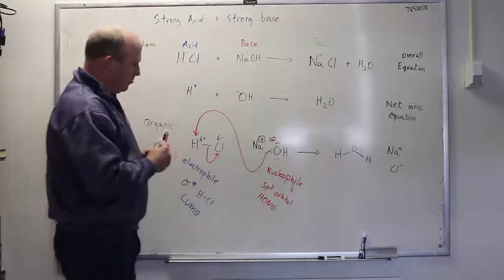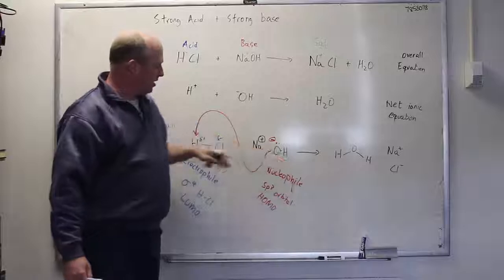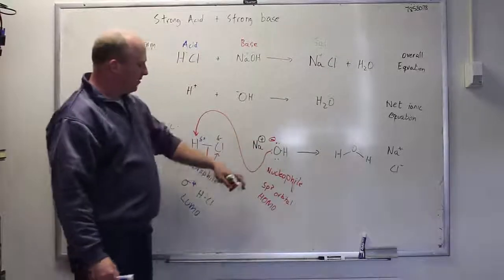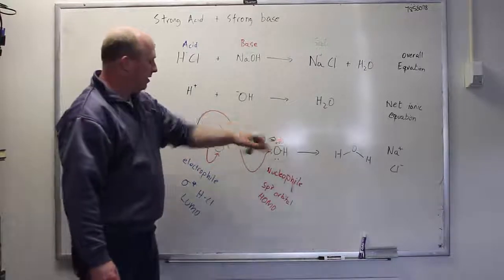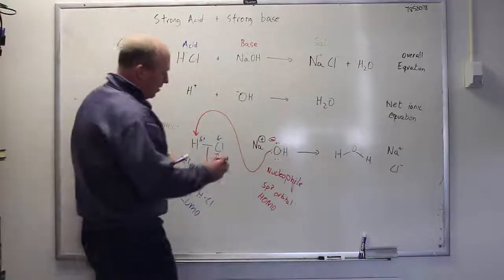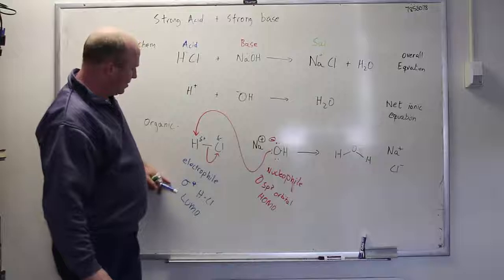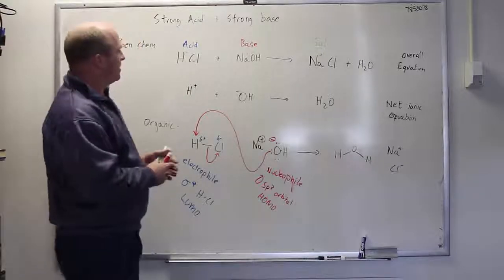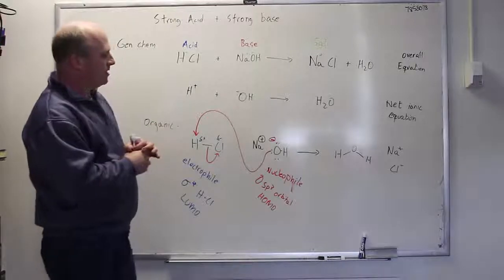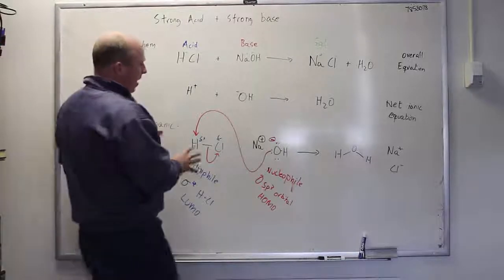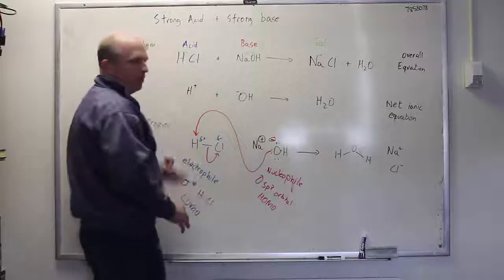You should be able to draw the orbitals in question in both species and convince yourself that this really is the highest occupied molecular orbital, the oxygen sp3 lone pair, and that over here it is the sigma star that gets attacked. For something as simple as a strong acid attacking a strong base, there's really not a whole lot of difference from an organic chemistry mindset, other than we care about the electron flow and the orbitals.